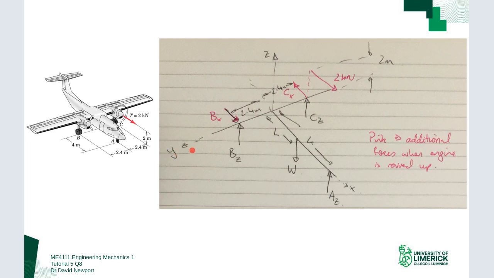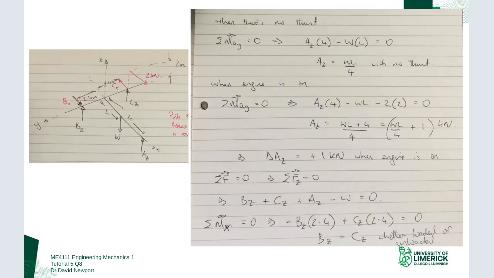So if I look at the y-axis here, I would have a number of forces acting that cause moments, and a lot of them are knocked out. But when this is kicked in, I would have an additional force, and that would change AZ. So if I take moments about the y-axis, I should be able to figure out what the change in AZ is. So that's my first method or target to go for.